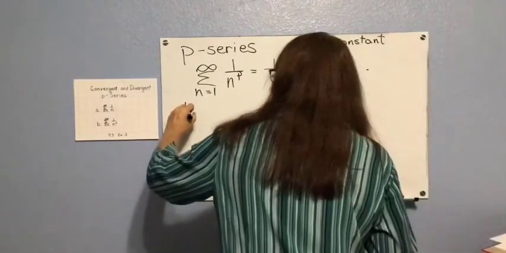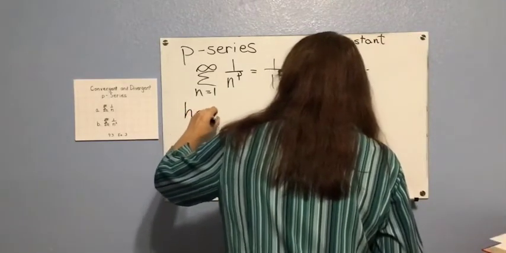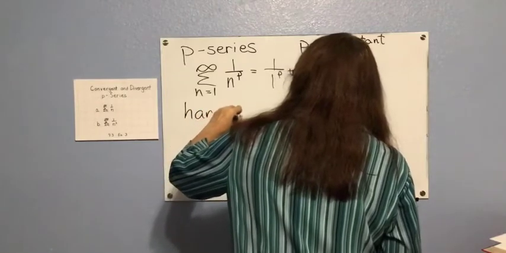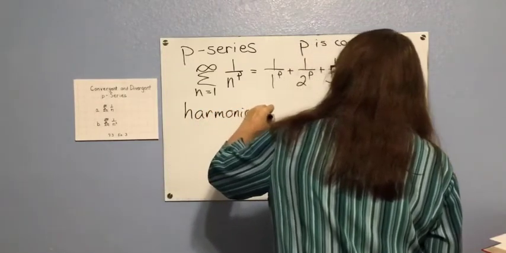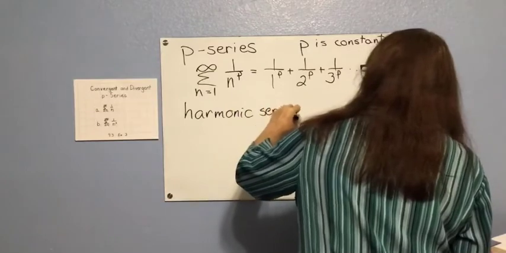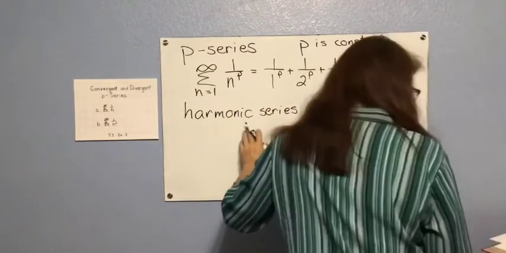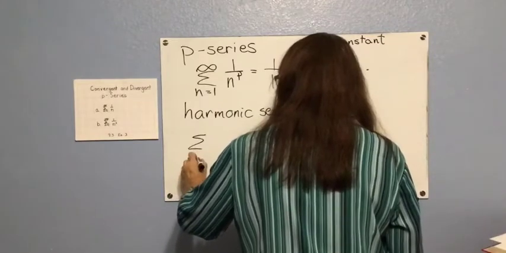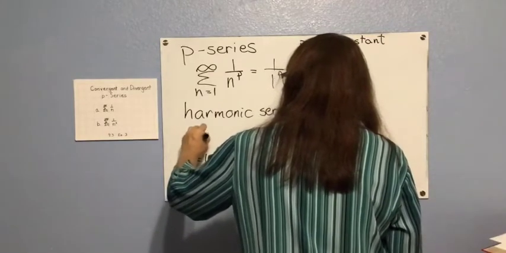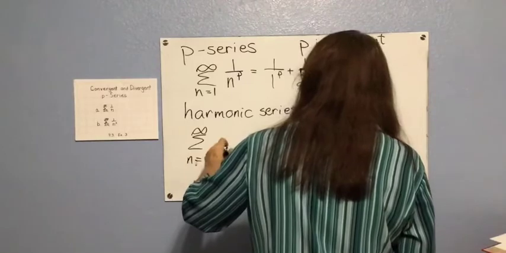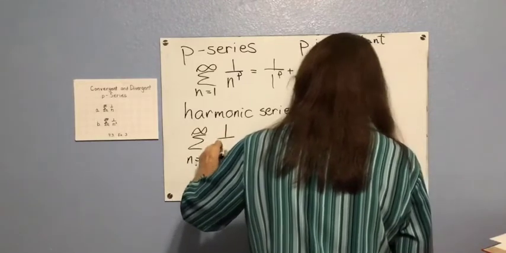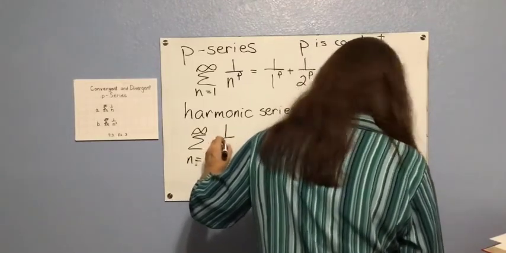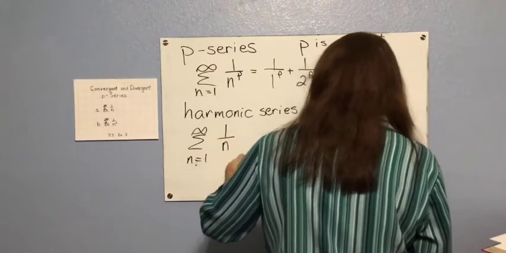Okay. A specific case of this is called the harmonic series. And a harmonic series is the sum from n equals 1 to infinity of 1 over n, just 1 over n.